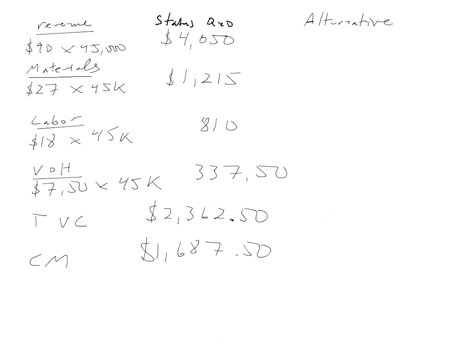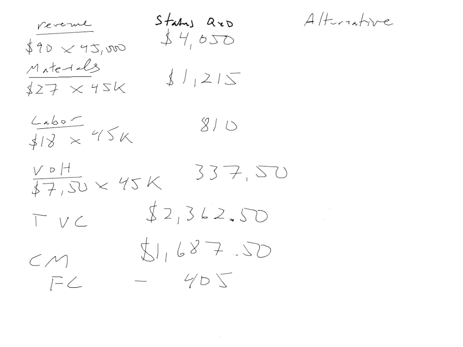Now we subtract our fixed costs. And that's just going to be your $405. Remember, in the fact pattern it said that the fixed cost for the year is $405,000, but since the schedule wants us to chop off the 3 zeros at the end, then it's 405.